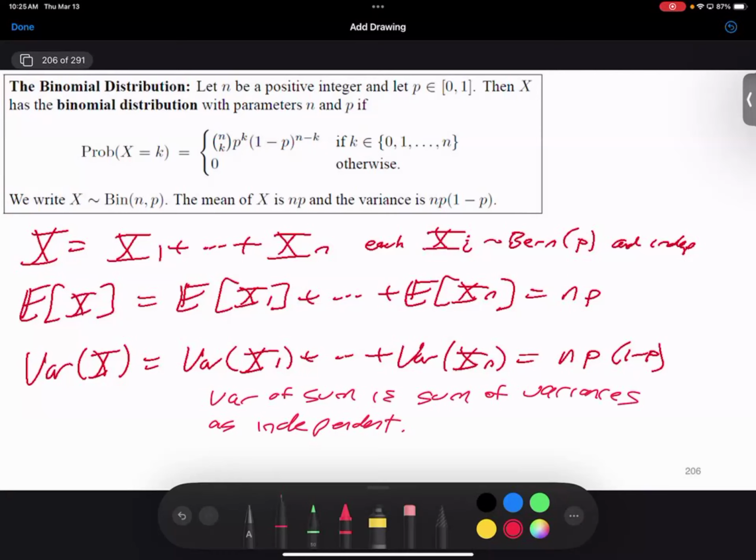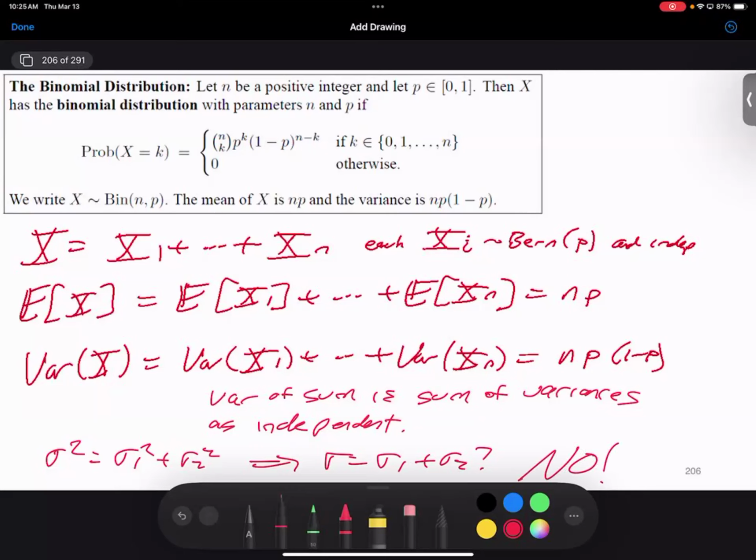And this is one of the reasons why the variance is such a nice thing to look at. Do you think the standard deviation of a sum is the sum of the standard deviations? No. Right? If we have sigma squared is sigma 1 squared plus sigma 2 squared, does that imply sigma equals sigma 1 plus sigma 2?